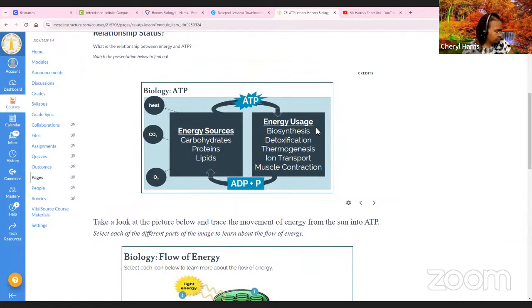Biosynthesis, meaning making life structures, detoxification. In other words, you got to remove the waste from the cell, thermogenesis to keep you warm, to generate heat inside. That ion transport system requires energy. Remember, passive transport in the cell requires energy, and muscle contractions. You can't move without energy.